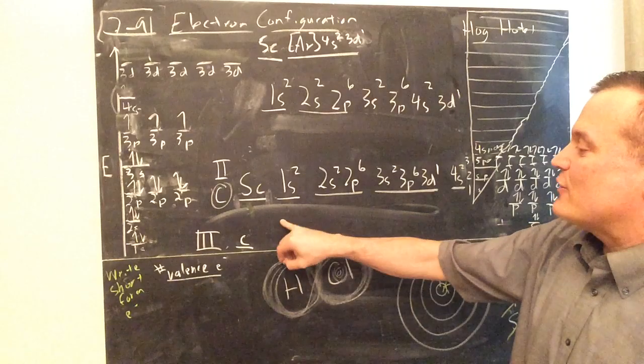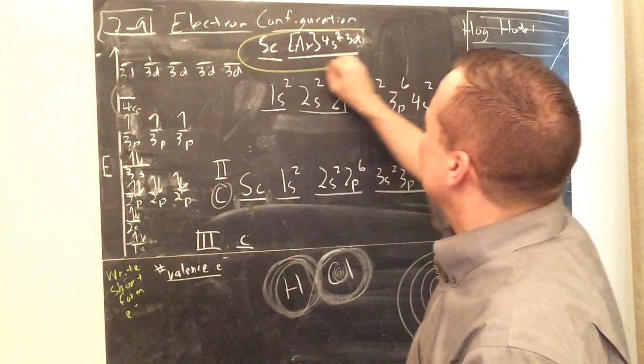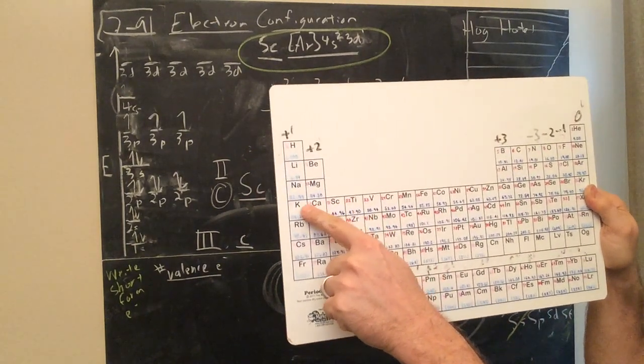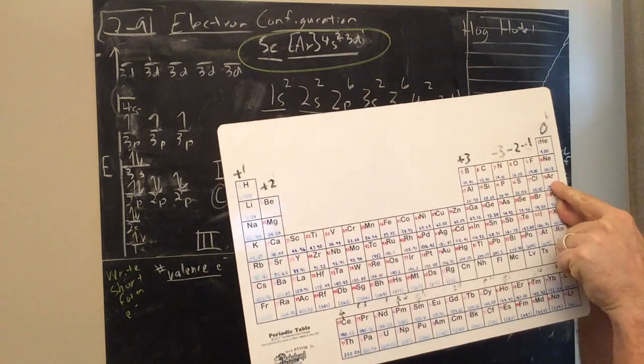For scandium, I already did that last lesson, and I can just write it up here. Can you remember how we did that? You look at scandium and ask, what noble gas comes before scandium? We go backwards, not calcium, not potassium. It has to be group 18, argon.